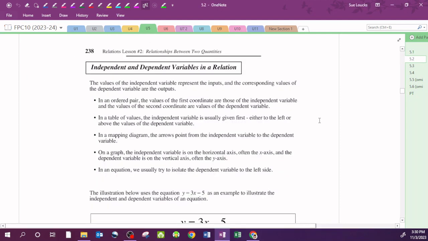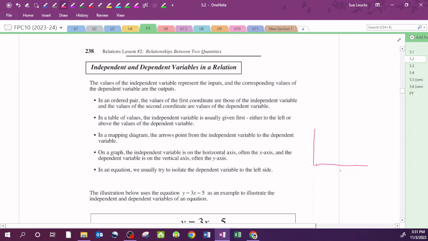All right, here we are on page 238, and we're talking about independent and dependent variables. So the independent variable in your graph goes along the bottom axis, usually called the x-axis, because it's the one that you're controlling, sort of like where you're measuring.